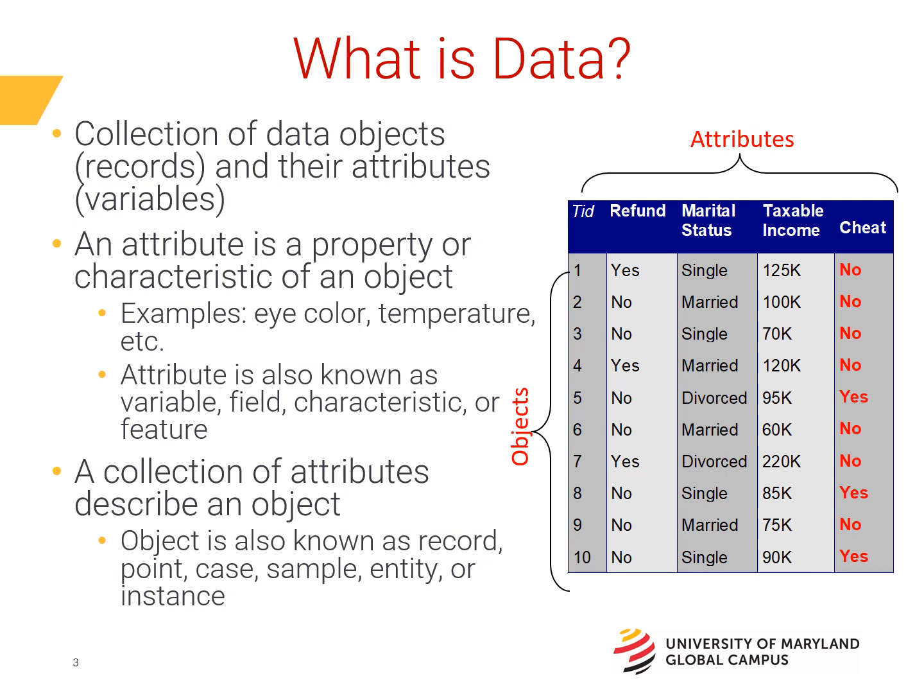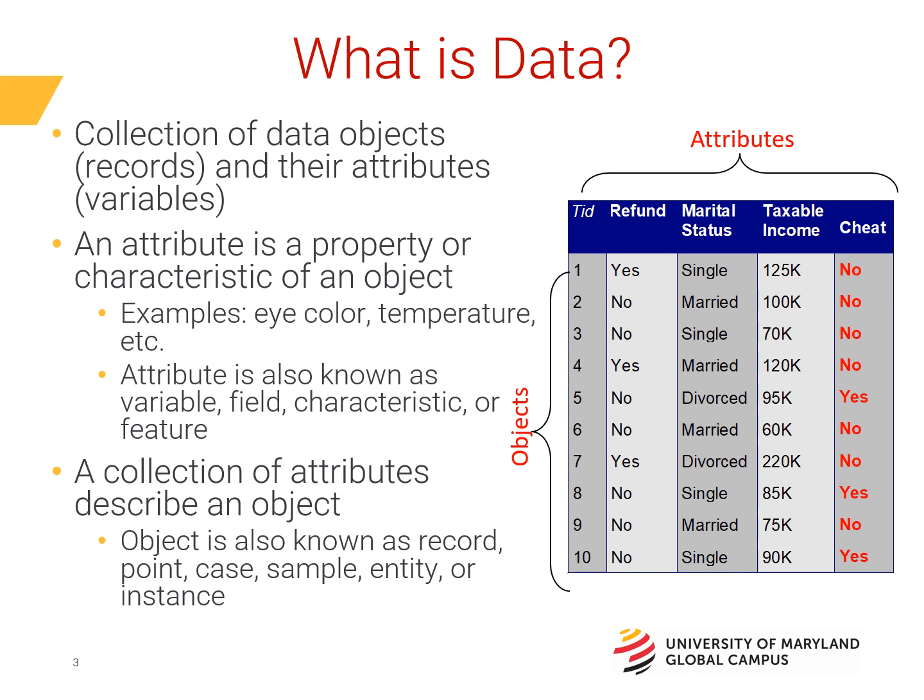So for example, eye color. If your objects are individuals, eye color could be one attribute of that. Let's say your set of records are daily weather, temperature could be one attribute explaining the weather. There are other names for attributes.